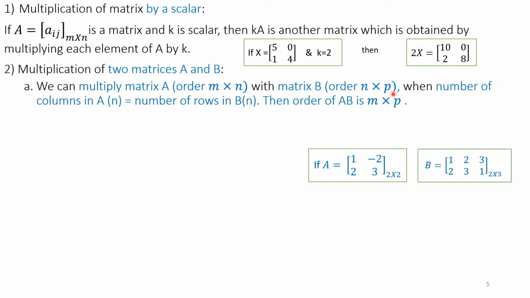Therefore, when the number of columns in A is the same as the number of rows in B, then we can multiply AB. Number of columns of the first and number of rows of the second should be the same. The order of the resultant AB is m by p, so m rows and p columns.